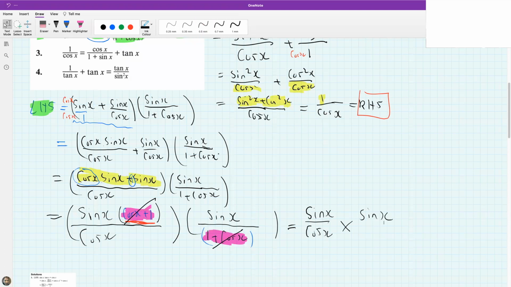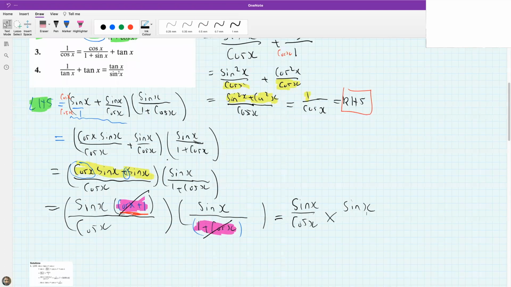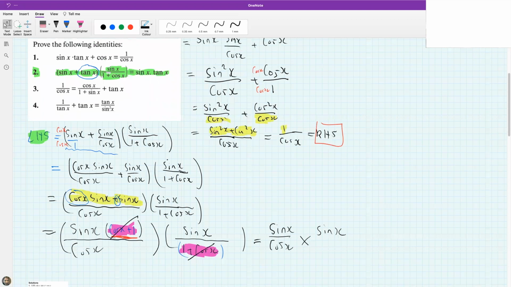Okay, now we haven't finished the question yet. Let's go back and make sure we can see it. What's my final step here that I'm going to need to do? I wouldn't say cancel. So let's go back to where we're going. We really want to get to the right-hand side. That's the promised land. That's where we're going.